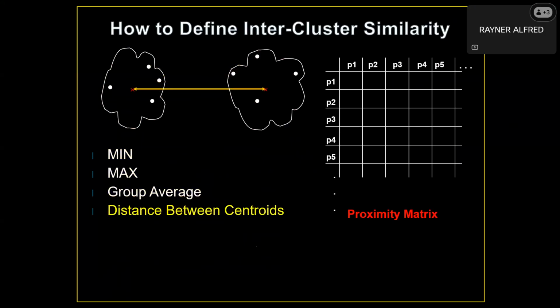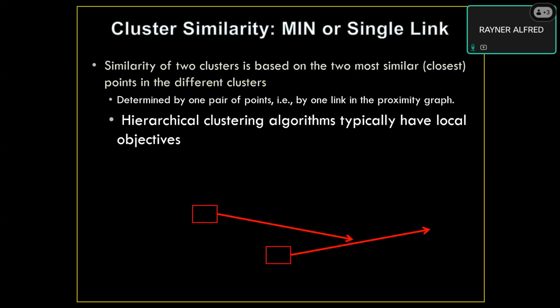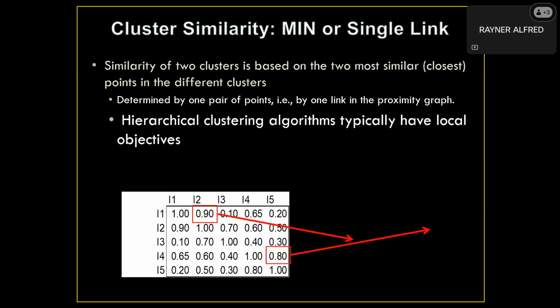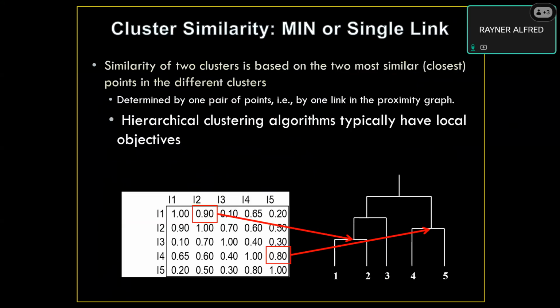The impact of having different intercluster similarity is huge because it affects how effective the clustering method is. For example, like this, we merge them if they are the lowest one. No, we merge this one first because this is the similarity.